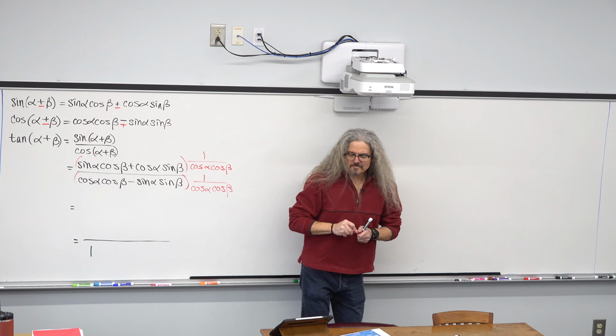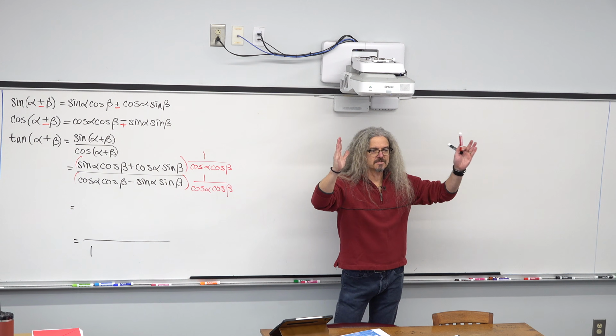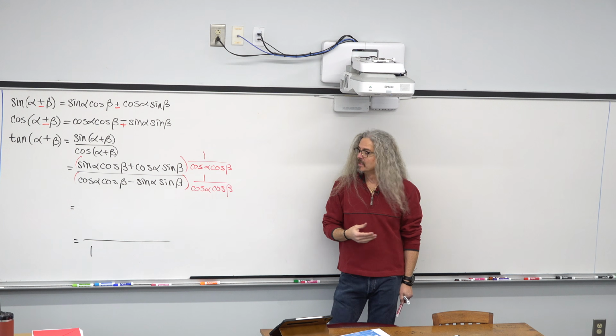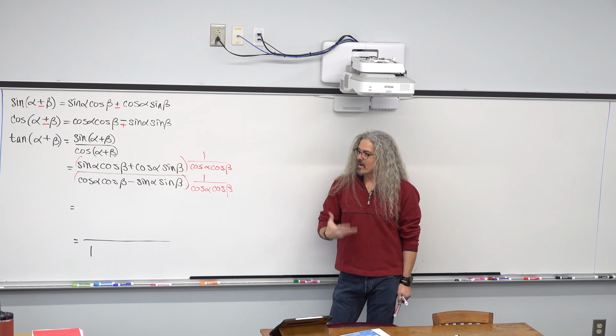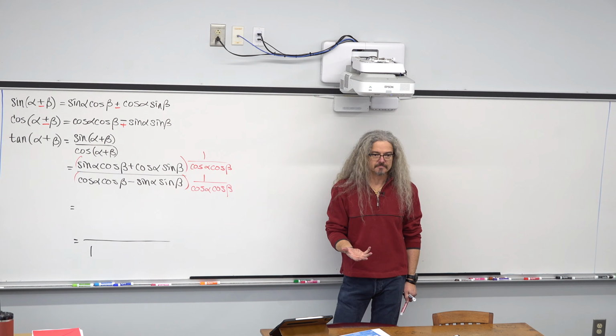And I wouldn't call this a proof necessarily, because I didn't give you an identity and say show this identity true. It's more like a simplification example. But we are effectively proving the sum identity for tangent.